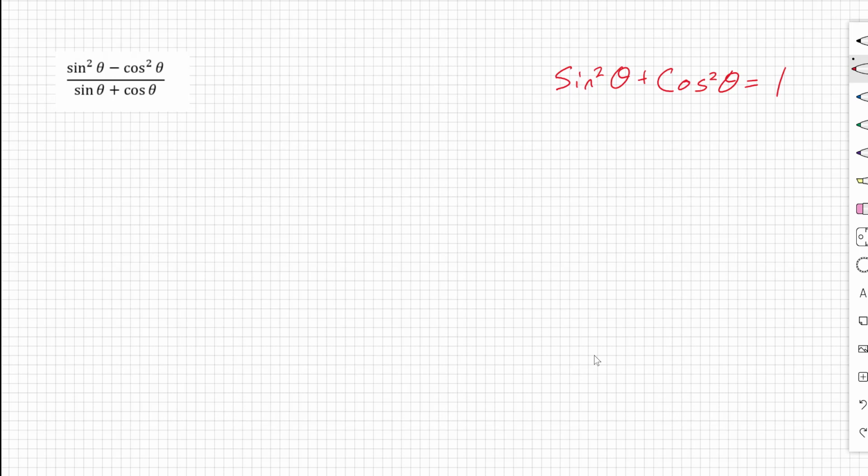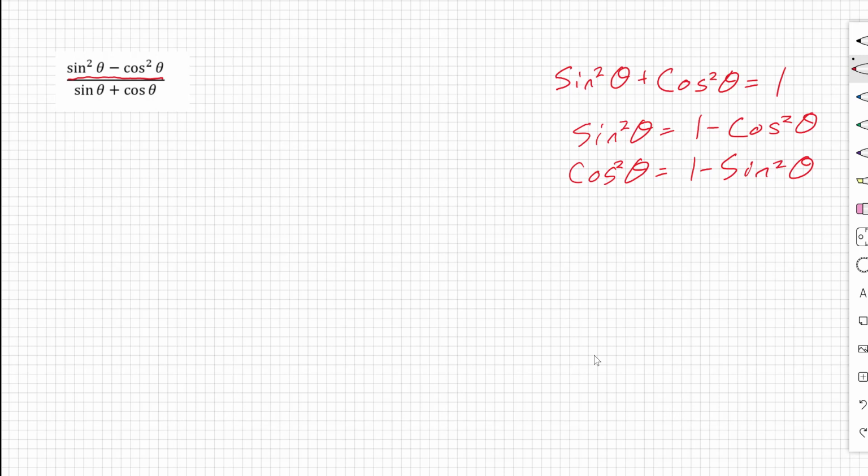And I can subtract cosine squared theta from both sides. That gives me sine squared theta is 1 minus cosine squared theta. Or I could say that cosine squared theta is 1 minus sine squared theta. But I can't make this look like sine squared theta minus cosine squared theta. So we need to go another direction.